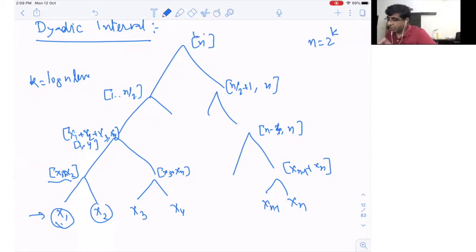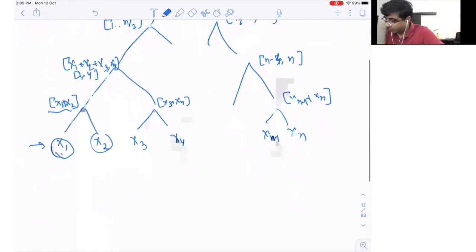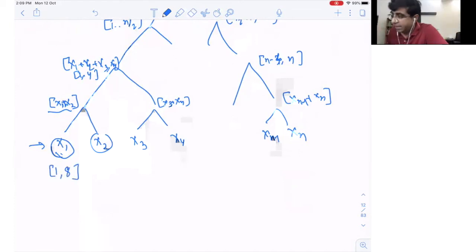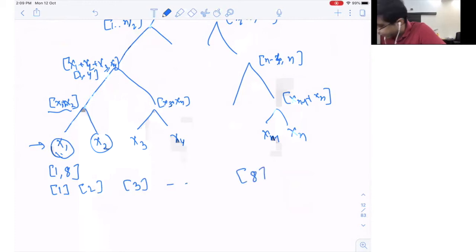Okay, so if you ask me for a concrete example, suppose you had to write the dyadic intervals for say 1 to 8. The dyadic intervals will be 1, 2, 3, dot, dot, dot, 8. These are of length 2 power 0.